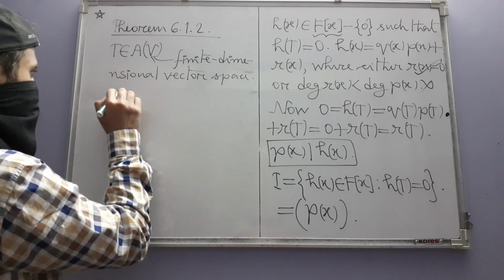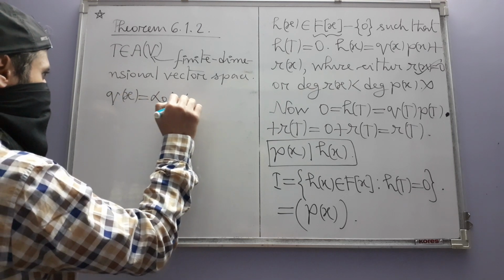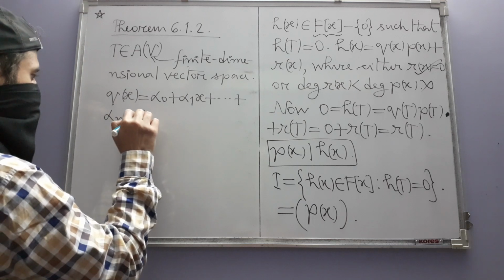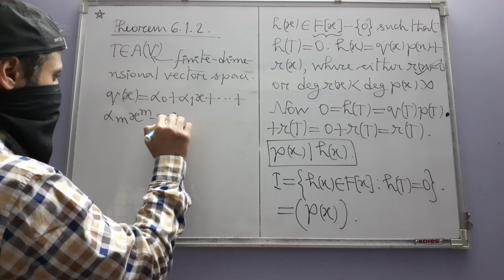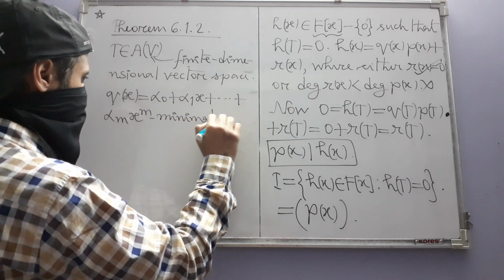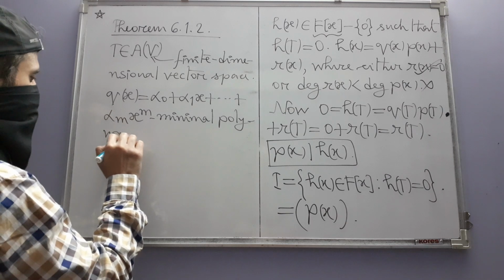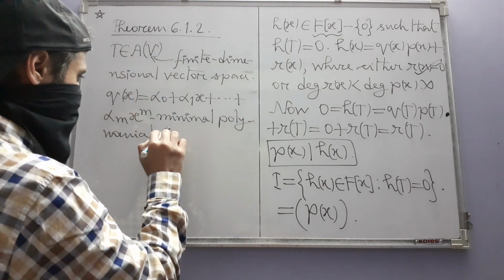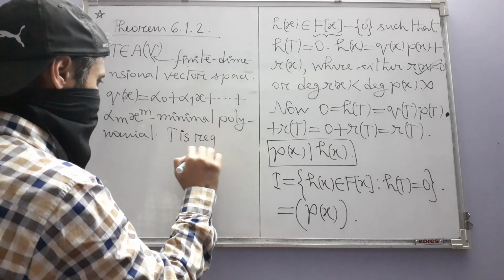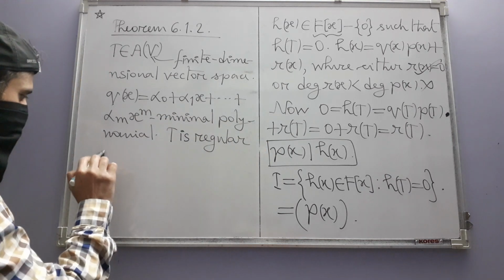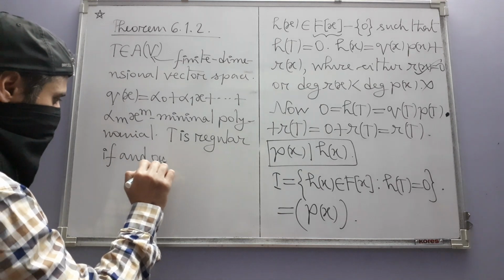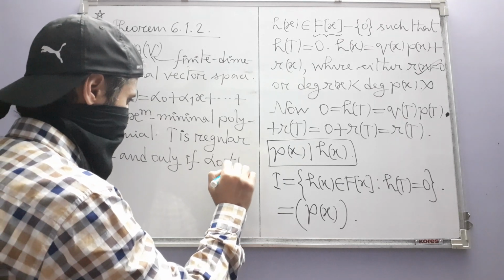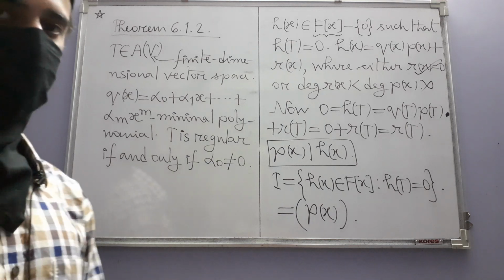Say this is its minimal polynomial for T. Then what this theorem states is that T is invertible or regular if and only if this constant term in our minimal polynomial is non-zero.